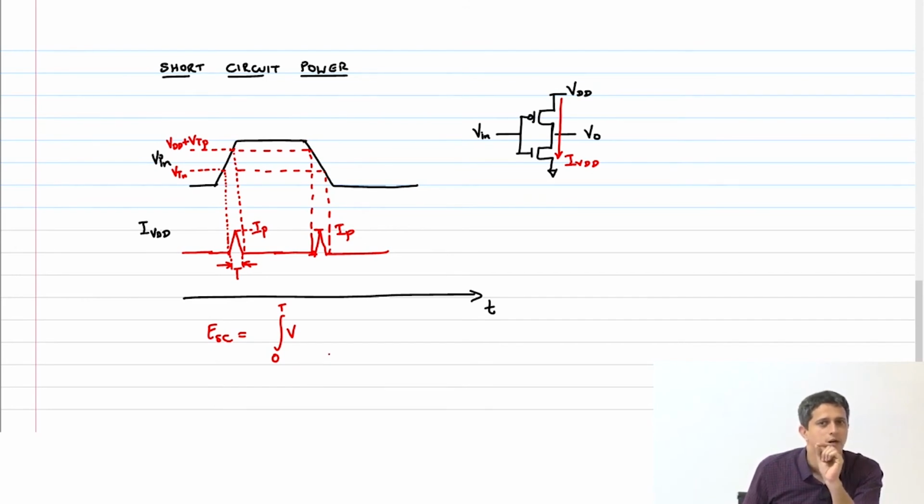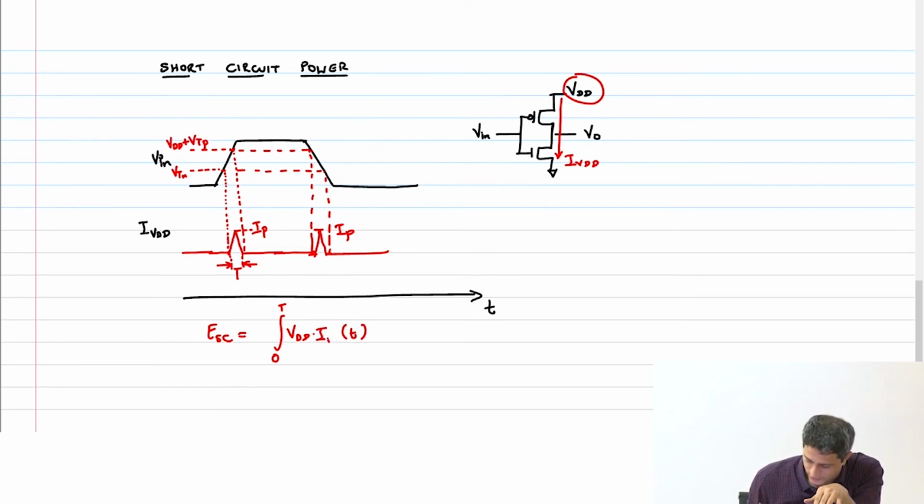Integral VI dt. The current is coming from this supply. I am looking at the power delivered by the supply. So what is the V in that equation? VDD. It's a constant into I short circuit of T, right?